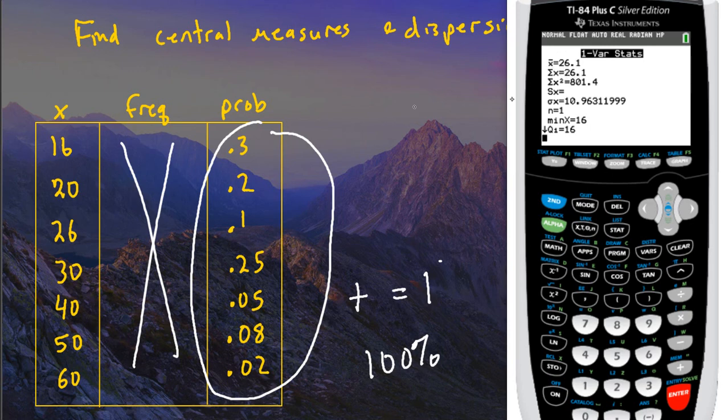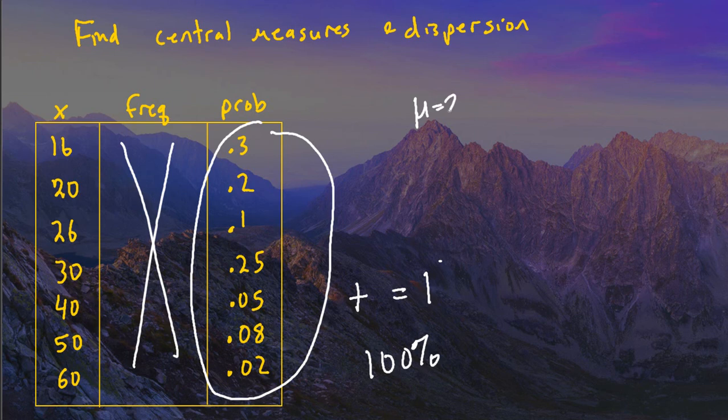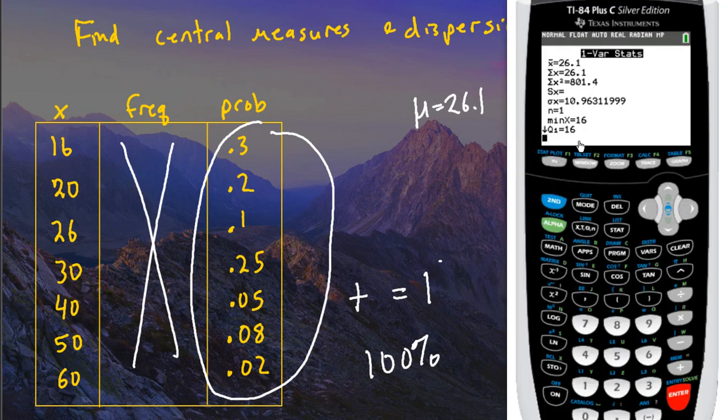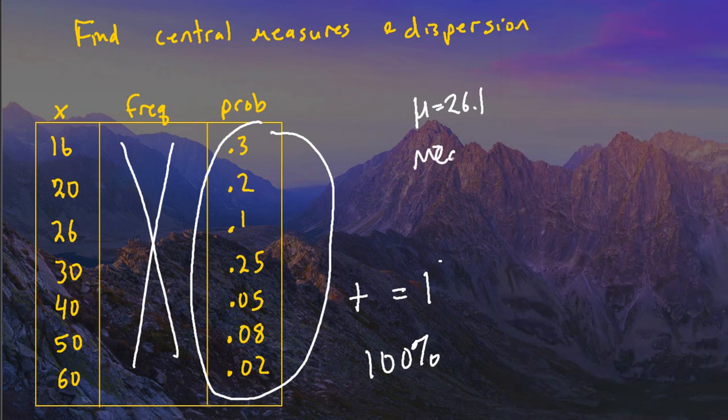My mean is 26.1. And our median, I'm going to find that. Our median is 23. Now our mode is apparently 16. Or no, it is 16. So our mode is 16.